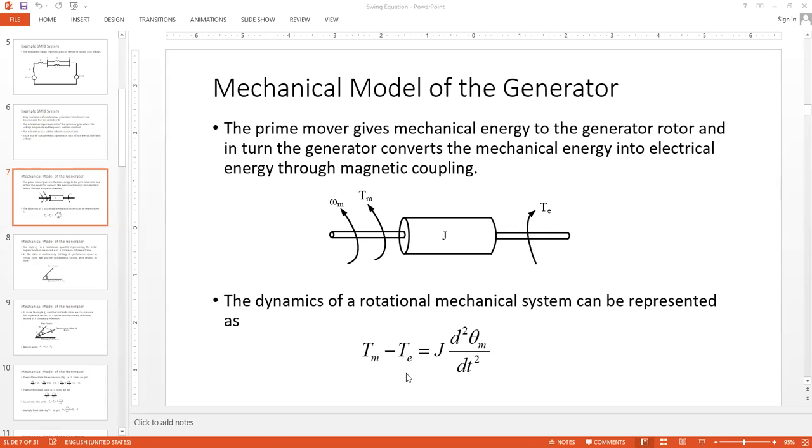So Tm minus Te was the resultant torque acting on this rotating body, and the right hand side represented the angular acceleration, d square theta m by dt square, multiplied by J. So this is where we stopped in the last class.